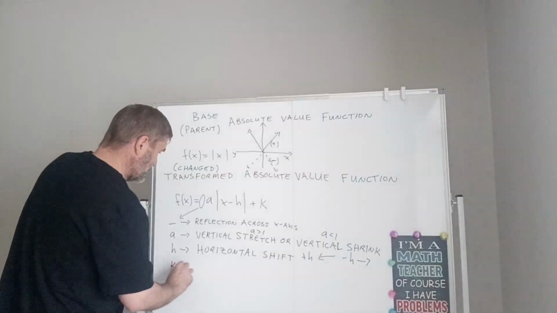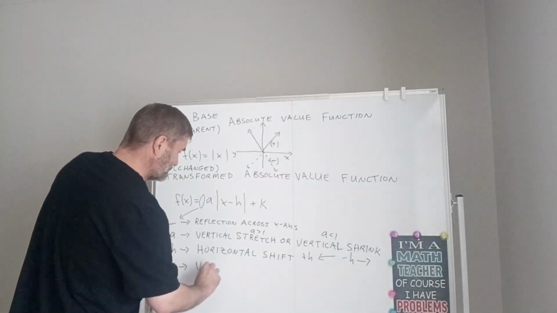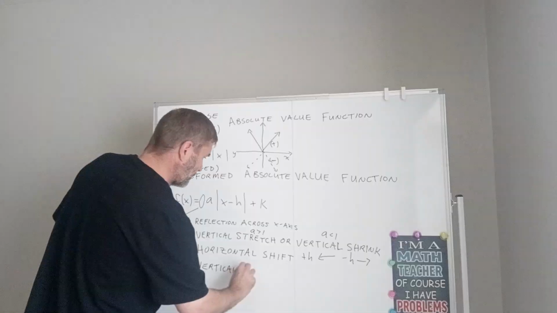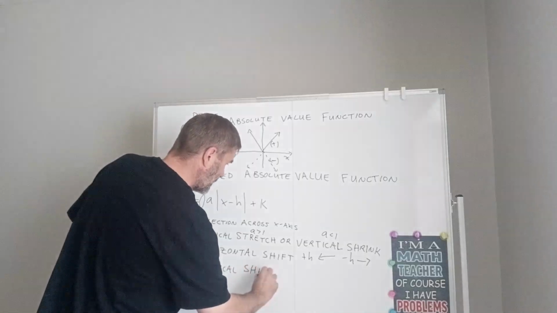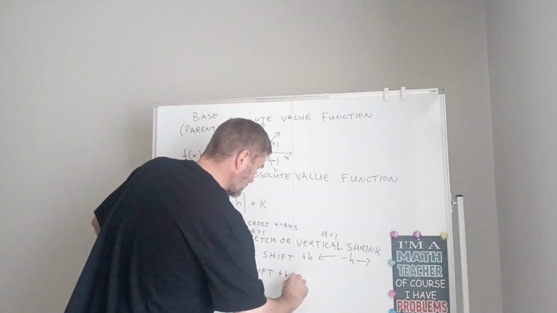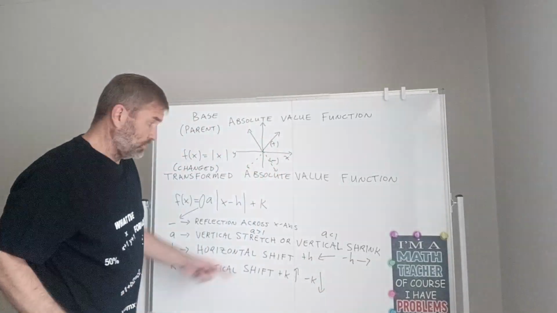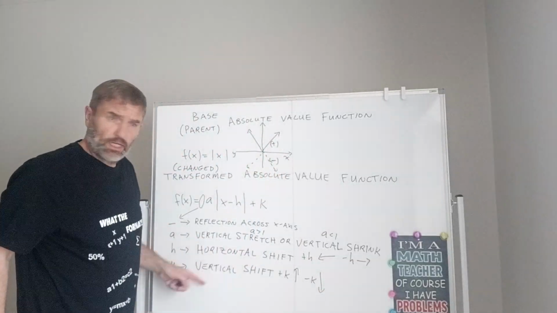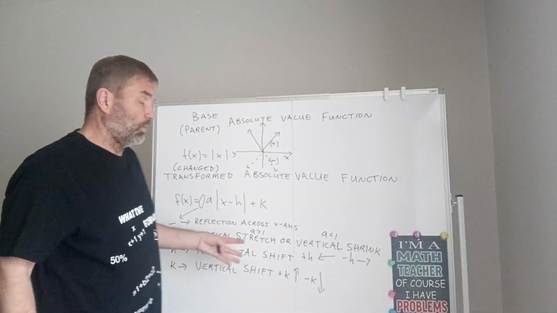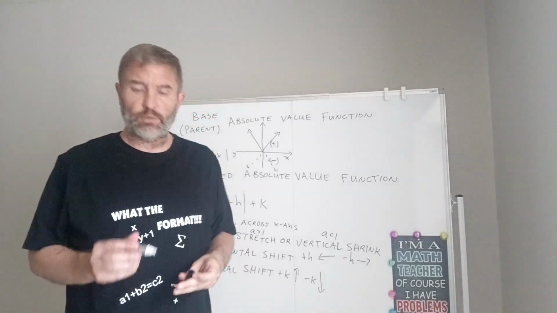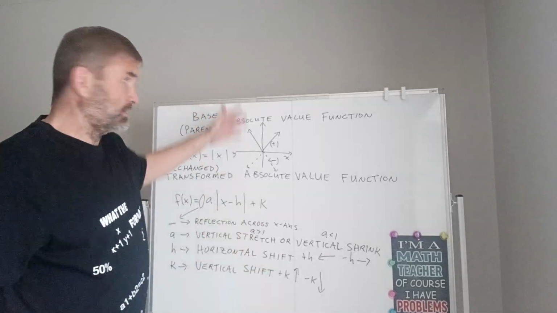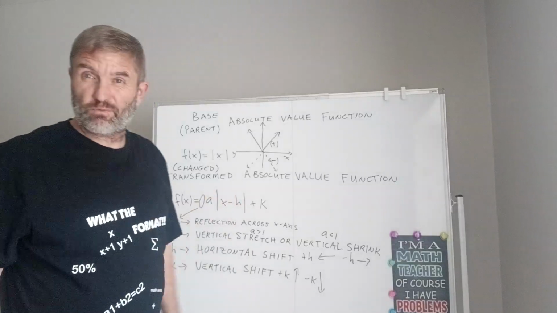Then your k is your vertical shift, up or down. Plus k is up, minus k is down. Okay? You'll notice that the k follows the signs, the h does not. Now, why is that? Well, I'm going to have another video here momentarily that I'm actually going to do an example of an absolute value function that's been transformed.